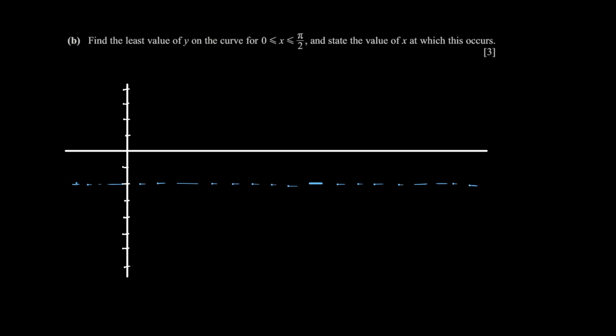So the curve will go all the way up to there. And where would it go down to? Well, from negative 2 down by 5 is going to take us to negative 7. Okay, so I'll just label that on. This is negative 2. This is negative 7. This is positive 3.